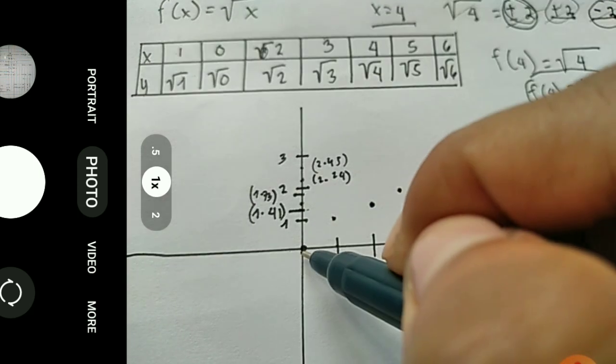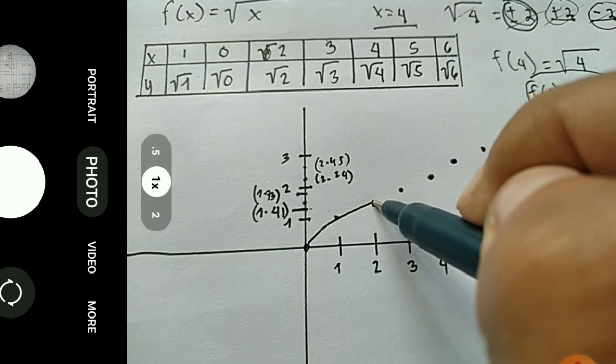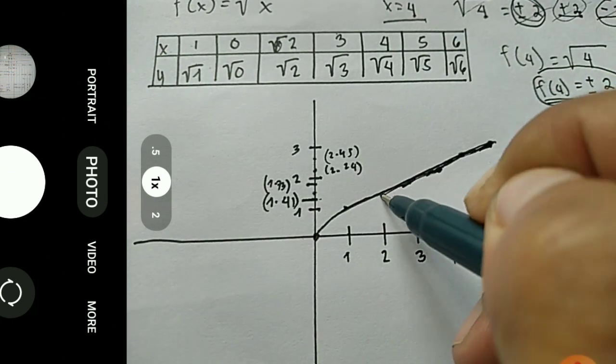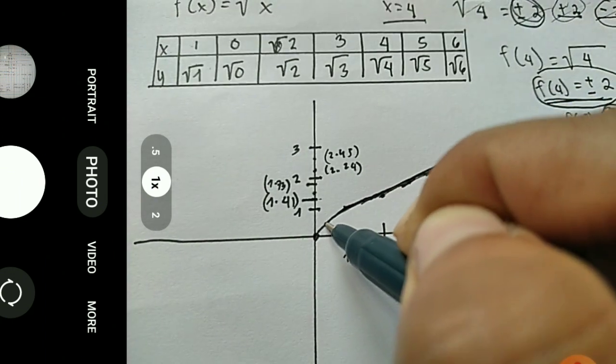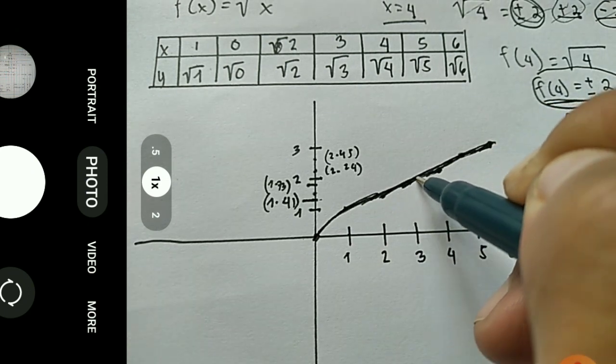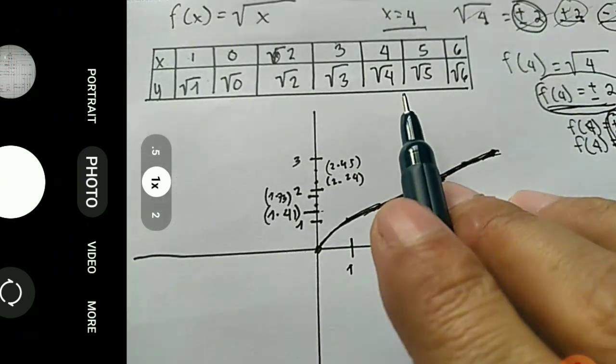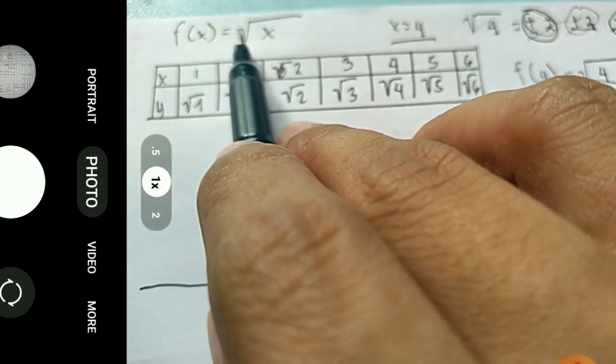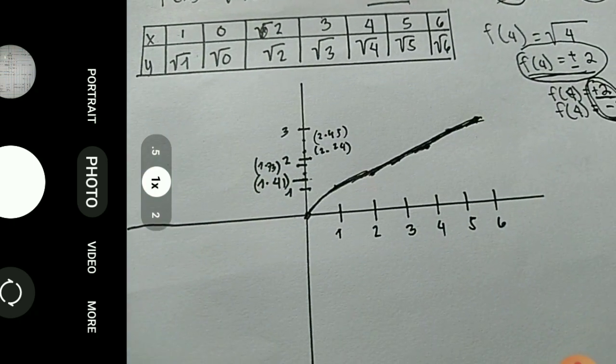So we will connect the points of the function f of x is equal to the square root of x.